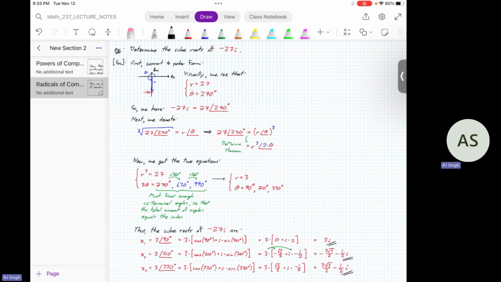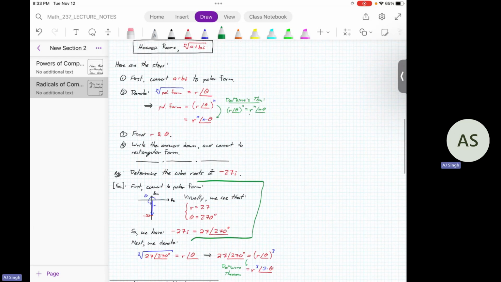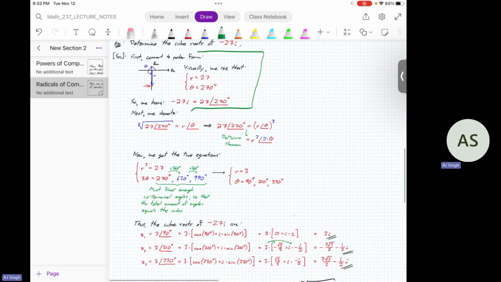But just to recap, in green, all of this was step 1, convert to polar. And then step 2 was, what did I say step 2 was? Oh, right there. Here are the steps. Do that polar form de Moivre theorem stuff.